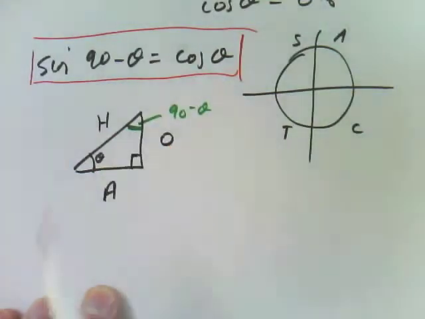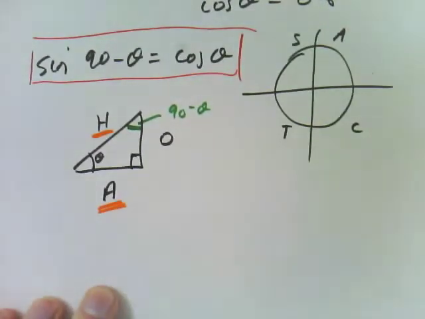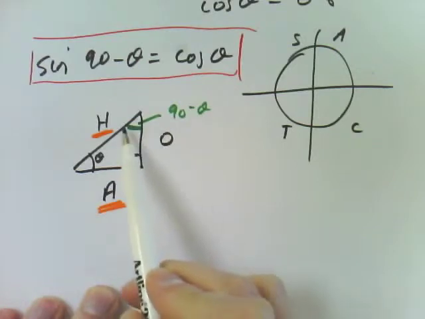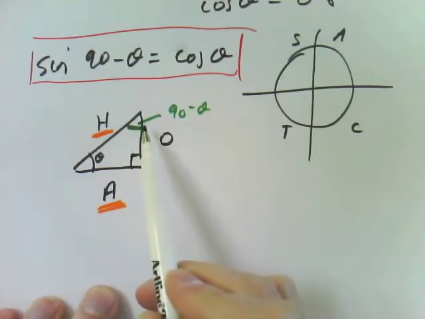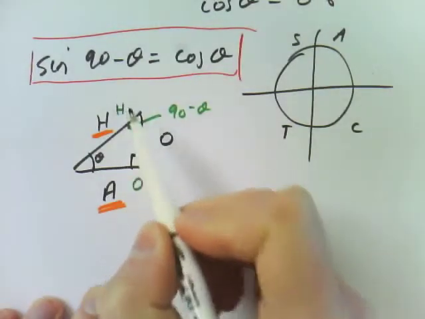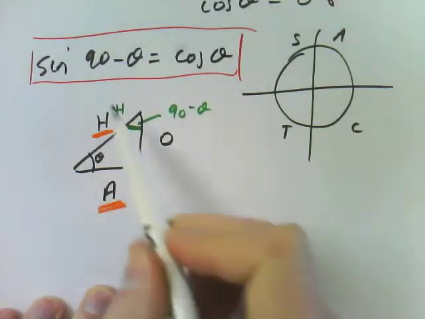But cos of this angle here is this divided by this, so A over H. If we now look at it from the green perspective, sine of this angle here is O over H, so it's this side divided by this side. Can you see how they relate to each other?